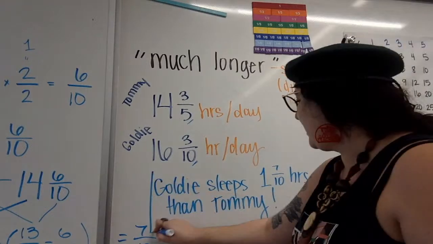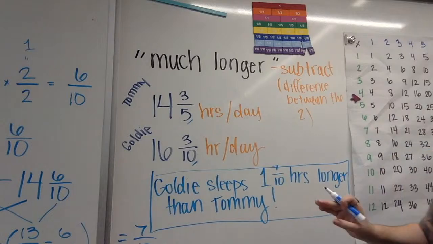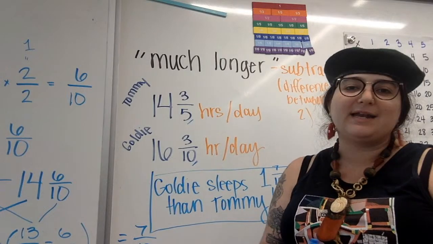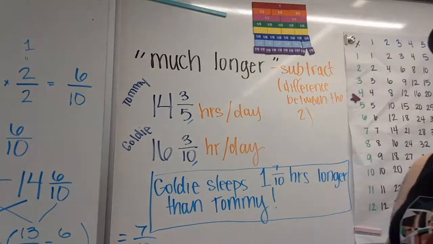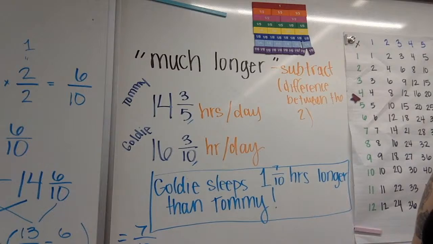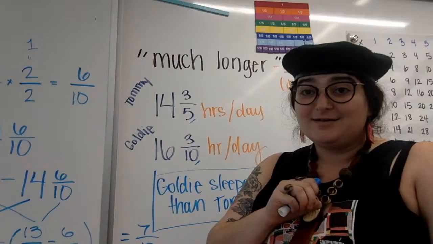So this is where my answer is represented. Note that in a word problem, it is not enough to just write 1 7/10. In a word problem, it's asking us for an answer to the question, which is how much longer does Goldie sleep each day? Goldie sleeps 1 7/10 hours longer than Tommy.